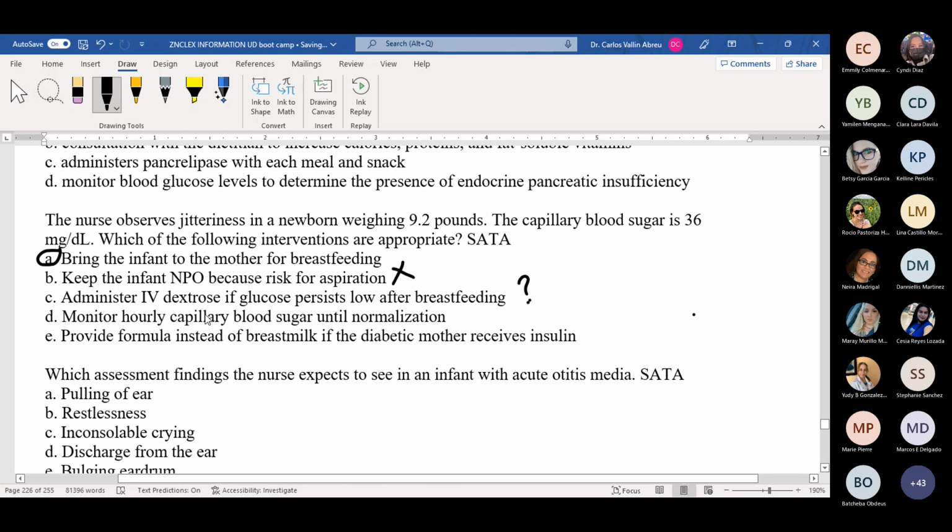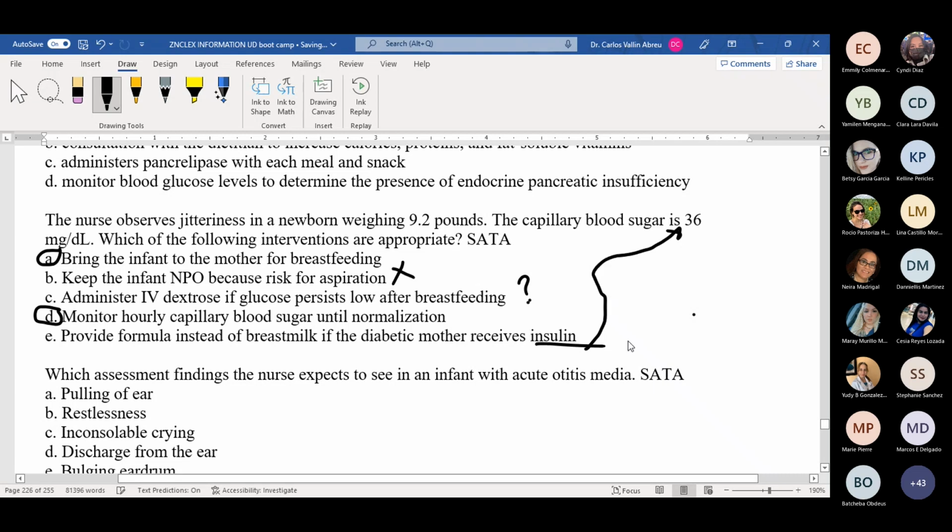Monitor hourly capillary blood sugar until normalization. Yes or no? Yes. Of course, that makes sense. Provide formula instead of breast milk if the diabetic mother receives insulin. No. Are you sure? Yes. Isn't insulin producing more hypoglycemia?